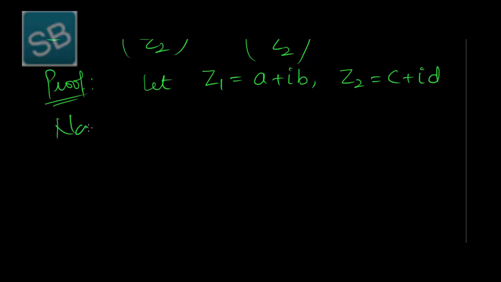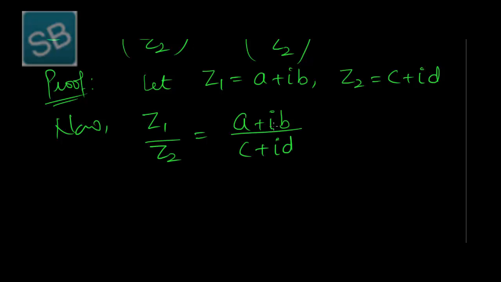So now Z1 over Z2, that is (A plus iota B) over (C plus iota D). To convert the denominator into a simple form, we will take the conjugate of the denominator and multiply and divide the whole term.